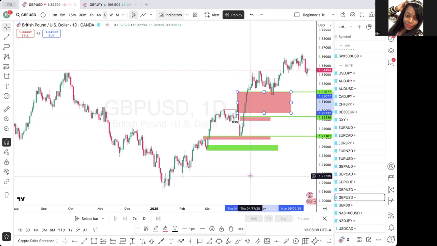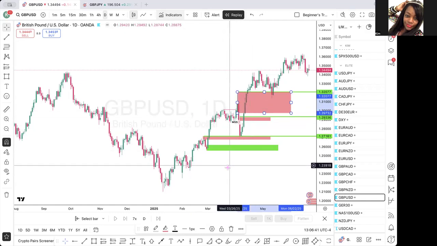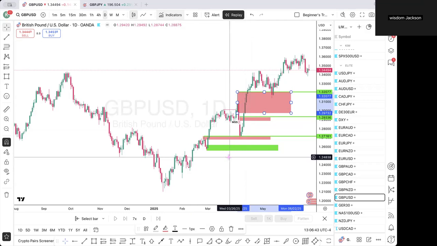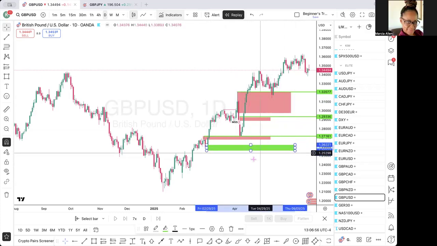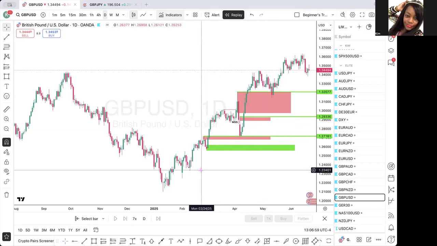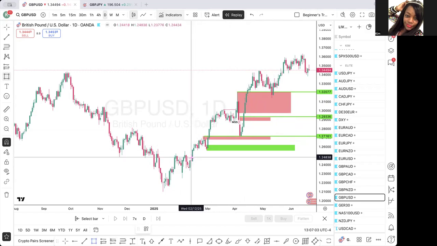Just sell down to the lows. If you're assuming you're using your take profit, where would you be expecting the least? To this low, there's another demand zone, either to that demand zone or to this demand zone.